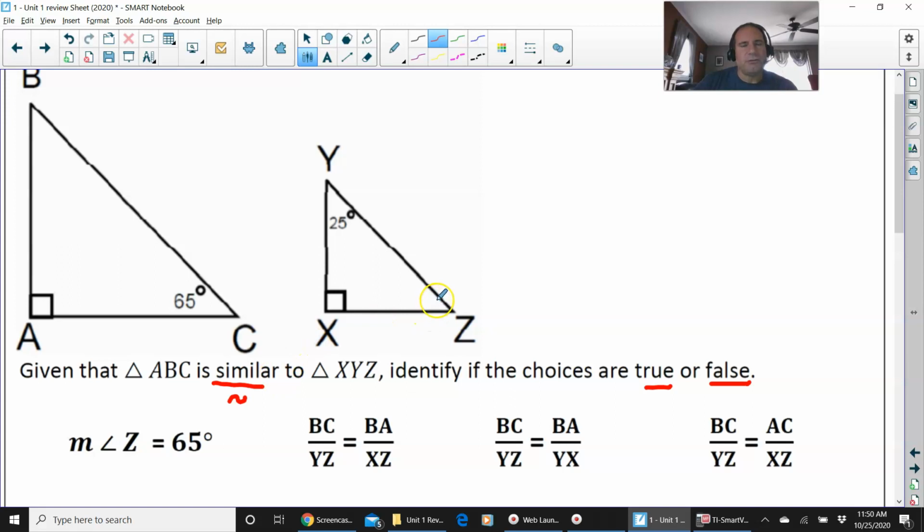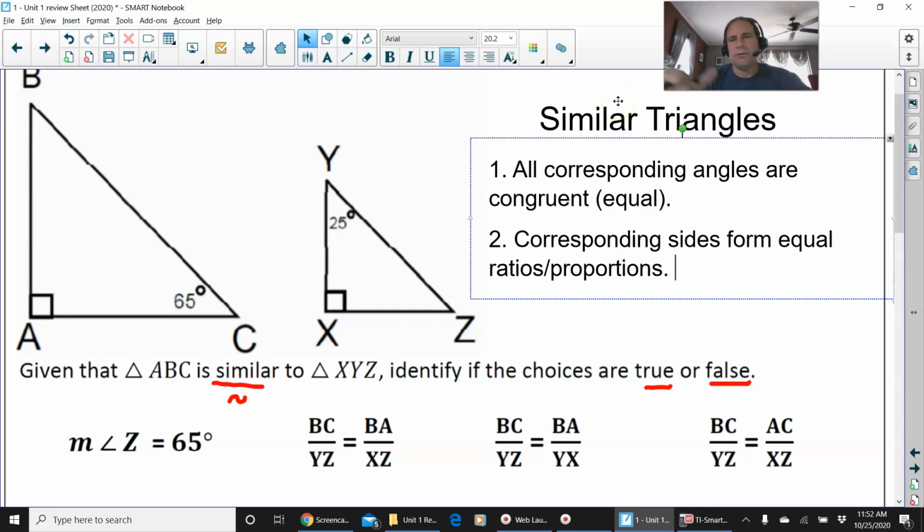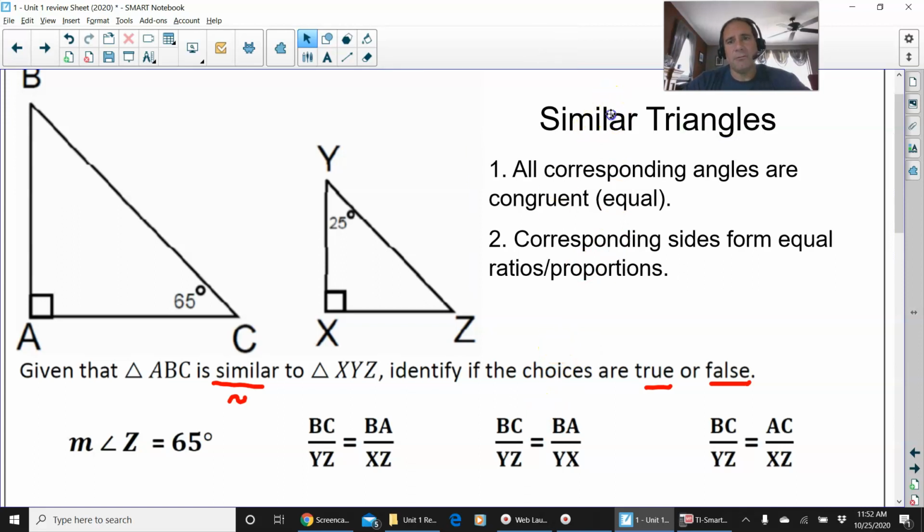Okay, so the one thing about similar triangles. Going over similar triangles and just reminding us right now what similar triangles are. Similar triangles are same shape, different size, right? All corresponding angles of similar triangles are congruent. They're equal to each other.